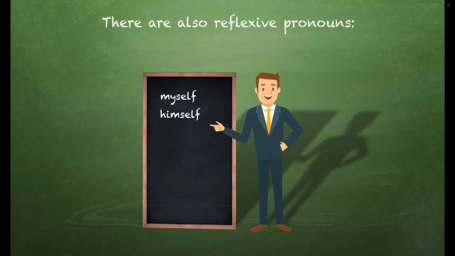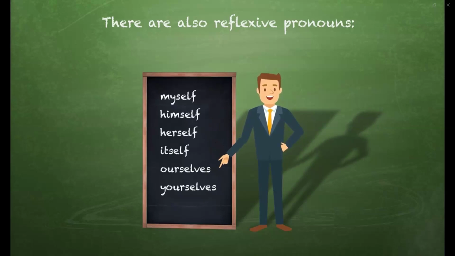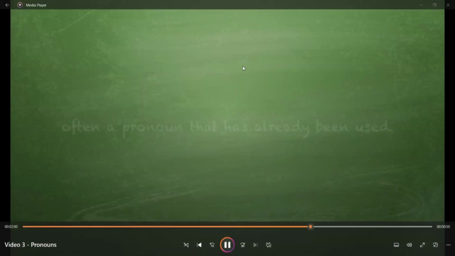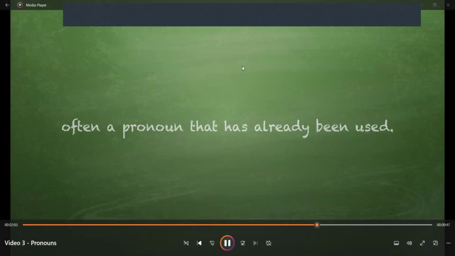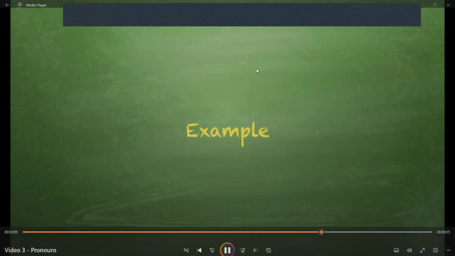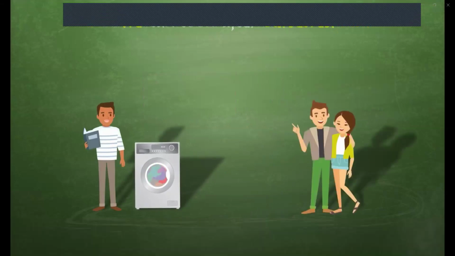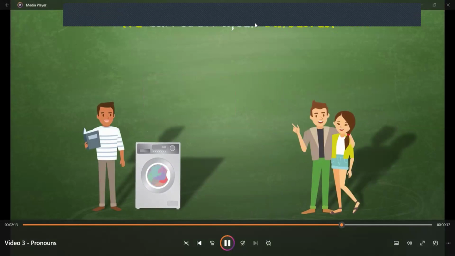Myself, himself, herself, itself, ourselves, yourselves, themselves. They are used to refer back to the subject of the sentence, often a pronoun that has already been used. Example: I can fix the washing machine myself. We can look after ourselves.